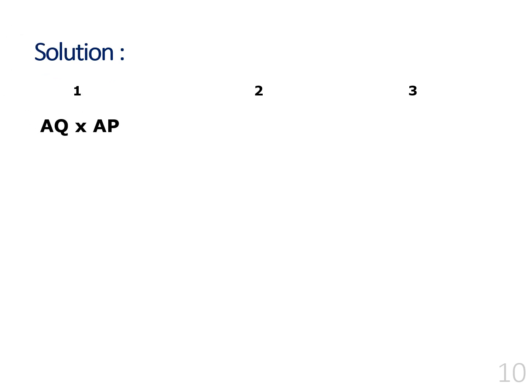For first group is AQ times AP. For second group is AQ times SP. And for third group is SQ times SP. That is AAA, SSS, QP, QP, QP.